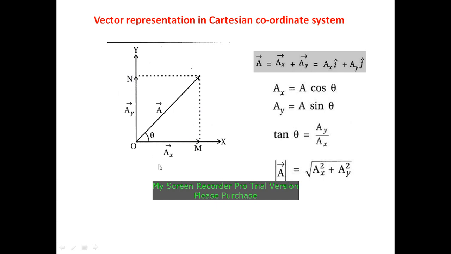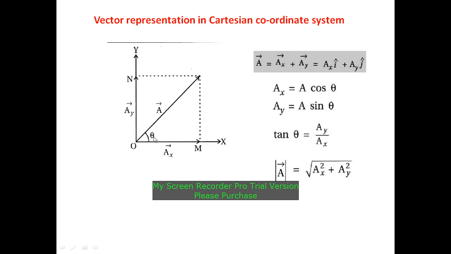This indicates the x coordinate and this the y coordinate. So the first equation: A is equal to ax i plus ay j.